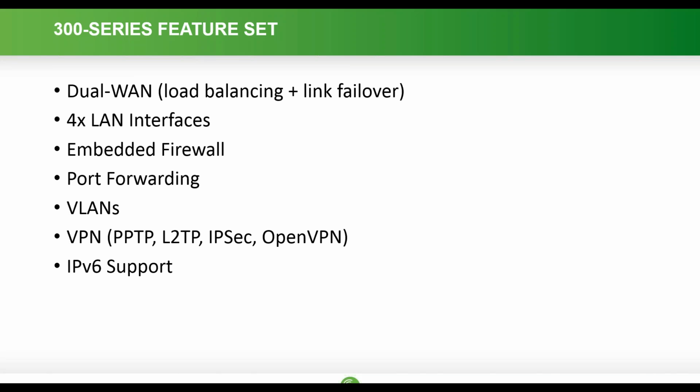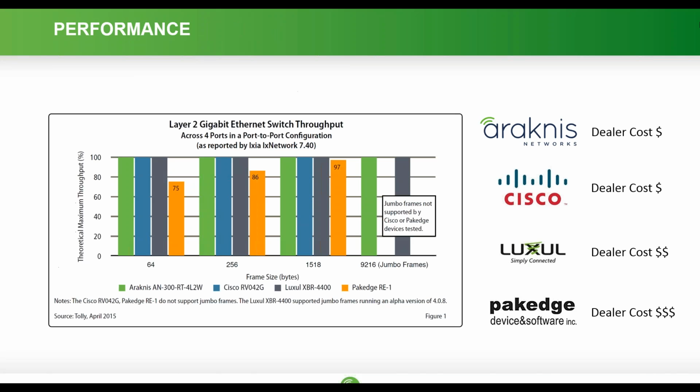So similar to the switches, we went to Tolly and we benchmarked against Cisco, Luxul, and Pakedge. We actually did 2 tests: a LAN-to-LAN throughput test and a WAN-to-LAN throughput test. With LAN-to-LAN, you can see from the results that us, Pakedge, Cisco, and Luxul on smaller frame sizes all scored the same.